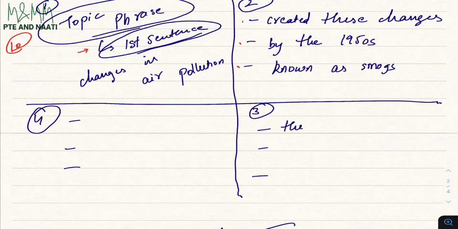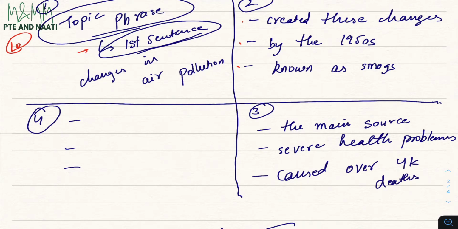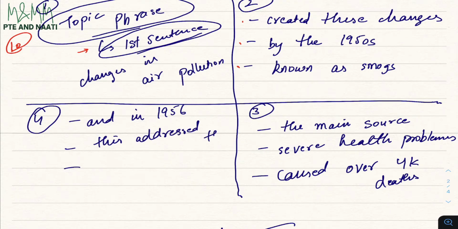The main source of this pollution was from factories, and it caused severe health problems. For example, particularly severe smog in London in 1952 caused over 4,000 deaths. Obviously, something had to be done, and in 1956 a Clean Air Act was introduced in Britain. This addressed the pollution from factories, and the smog soon disappeared.